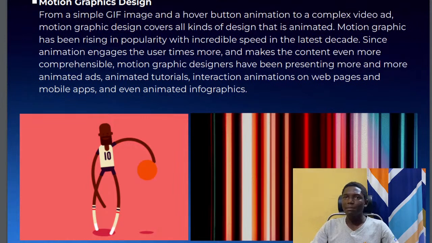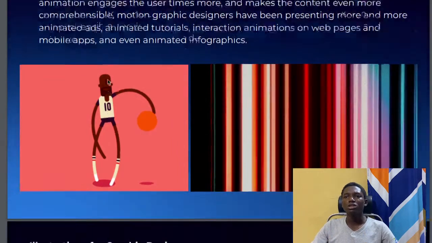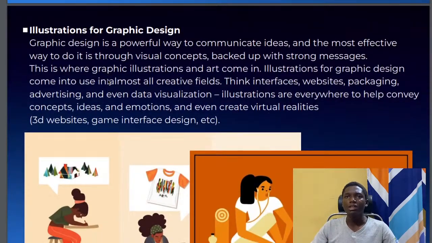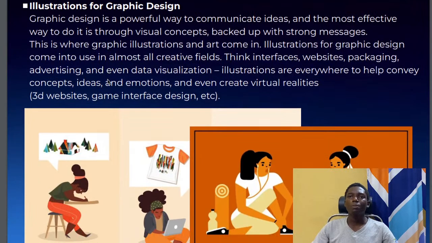Then you are going to be moving to the last type of design, which is the illustrative graphic design. These are the type of design in which you use shapes, and use shapes in a good way.